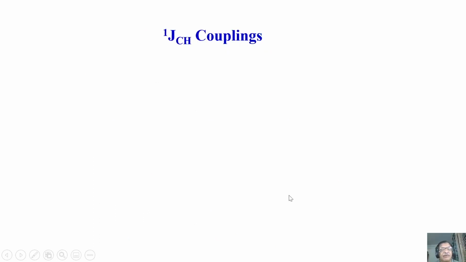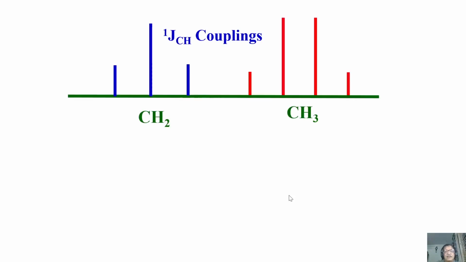Let us look at the spectrum now very carefully. What is 1JCH? This is the spectrum. This is CH3 and this is CH2. You understand? We are seeing these things.